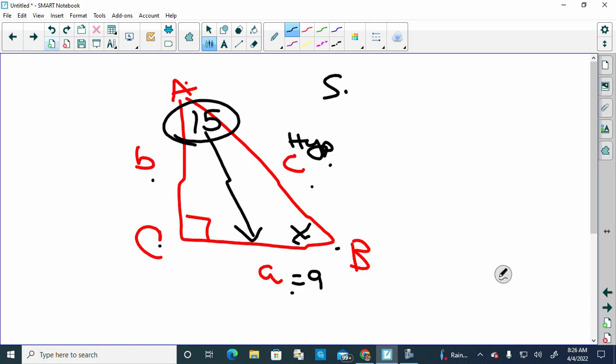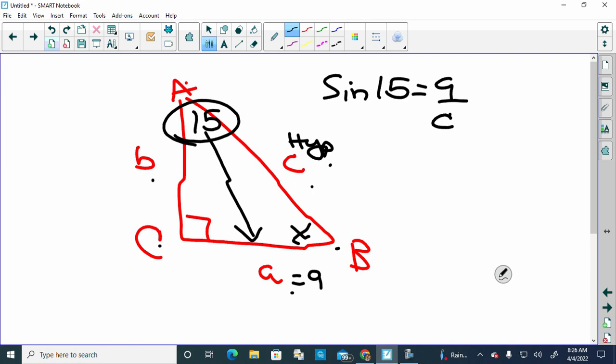So you would have sine of 15, and sine has opposite on top, so 9 on top, over the hypotenuse, which you don't know. Am I multiplying or dividing? Dividing. So on your green and yellow calculators, you're going 9 divided by 15, sin, equals. On everybody else's, you're going to go 9 divided by sin, and then it brings your parentheses up to put the 15 inside it.